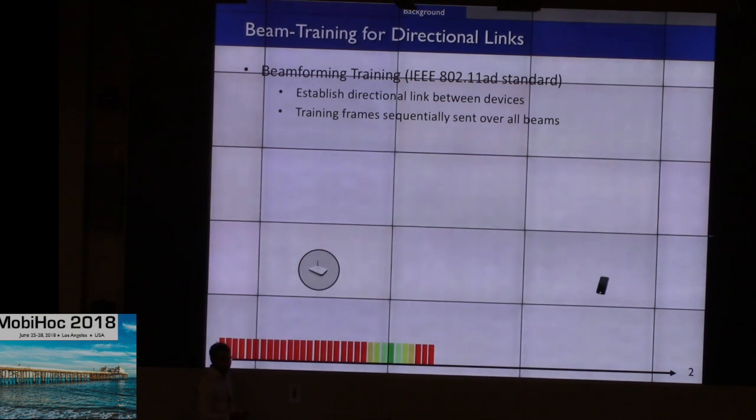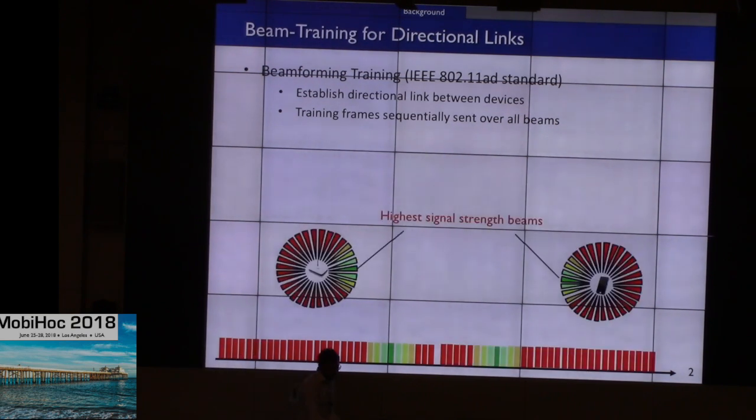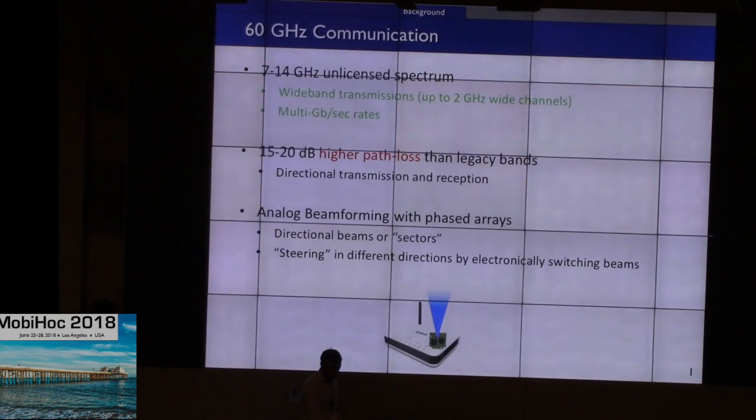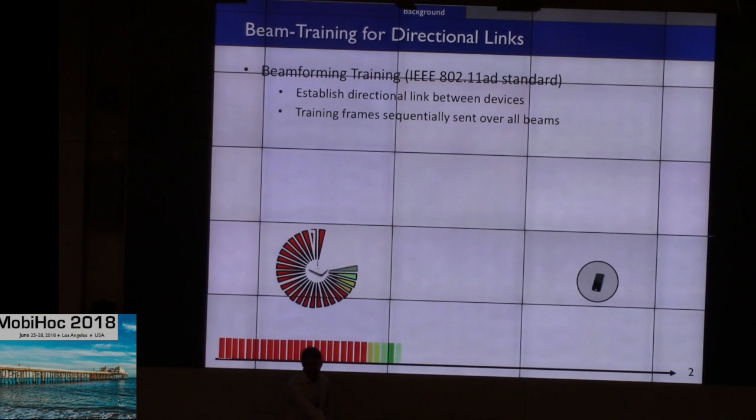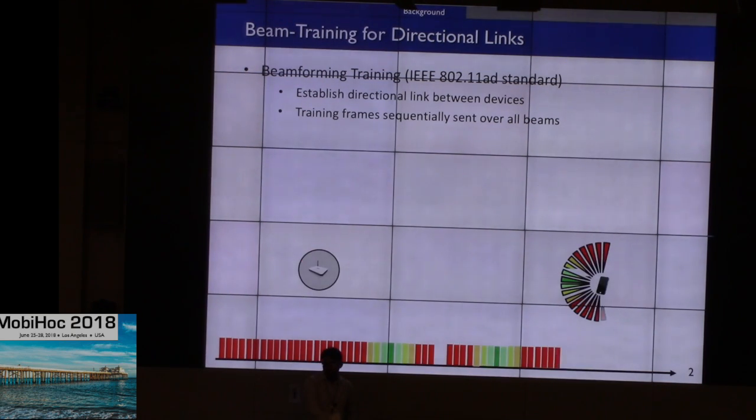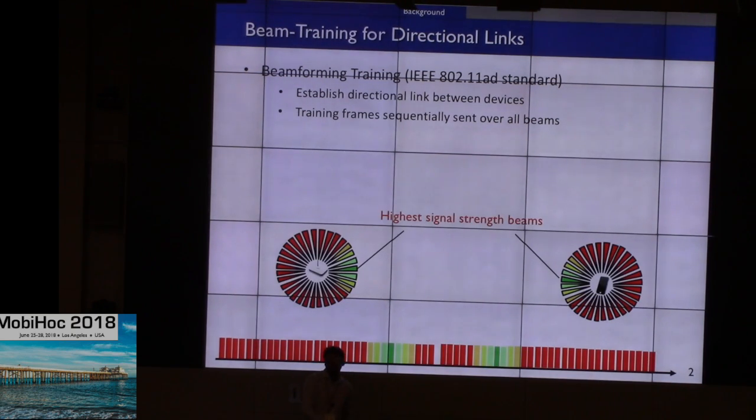So it's like a radar scan at both ends, and then at the end, the two devices will find out the pair of beams which have the highest signal strength, and that's how a directional link is established.